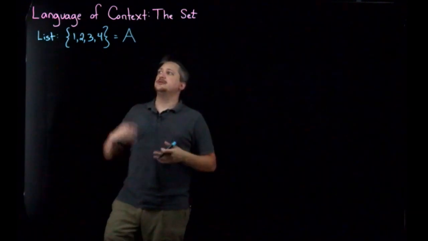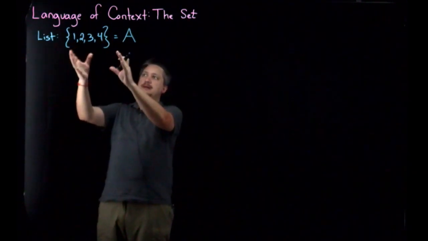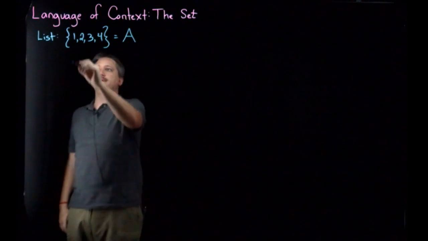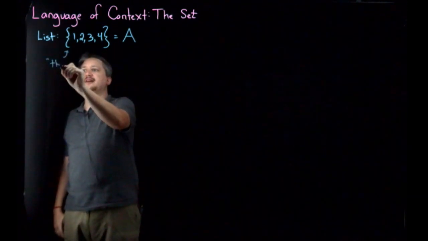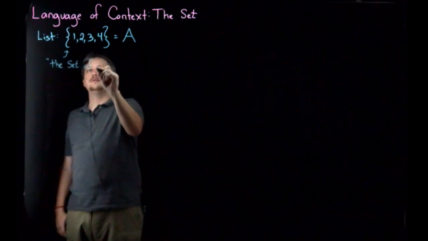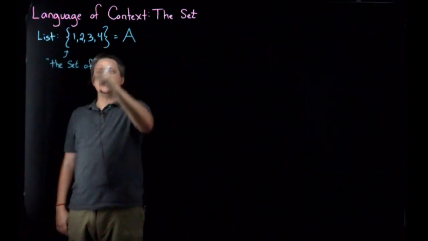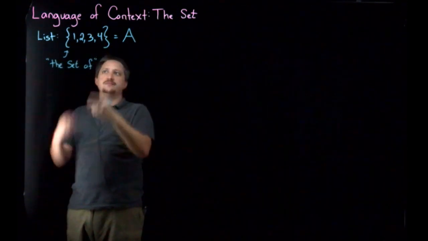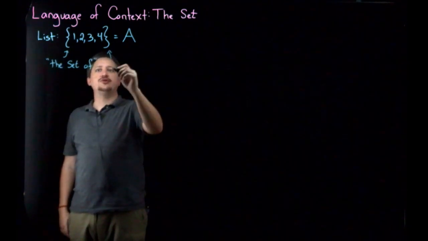In general, when you see a list, you want to read the open brace as "the set of," then we have the actual pieces, so the set of 1, 2, 3, and 4, and then this closed brace just signifies the end of the set.